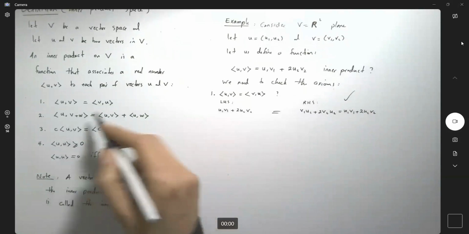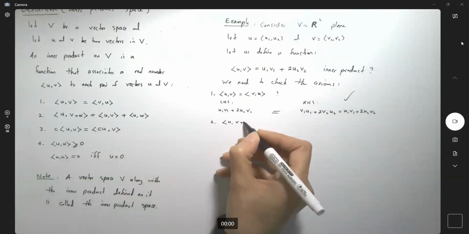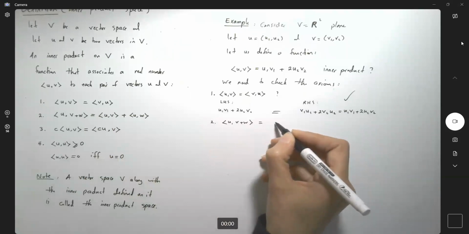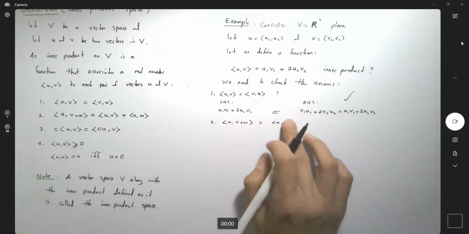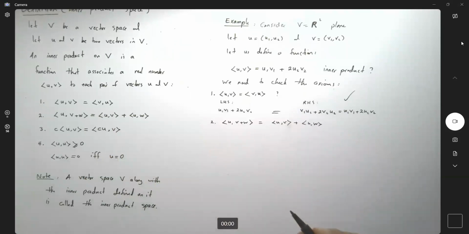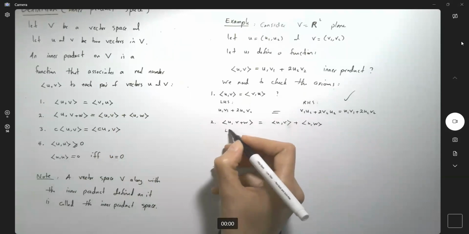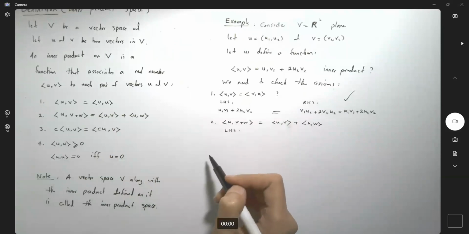Let us move on to the second axiom. The second axiom says you have U, V plus W. On the right-hand side, you have U and V plus U and W. So left-hand side and then right-hand side. This is your left-hand side.